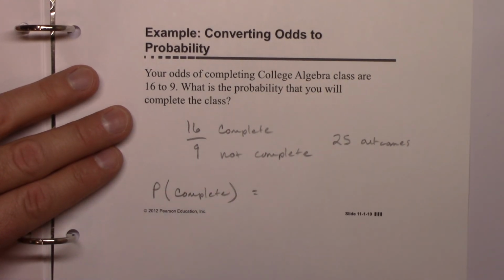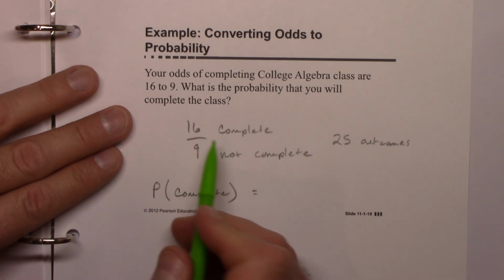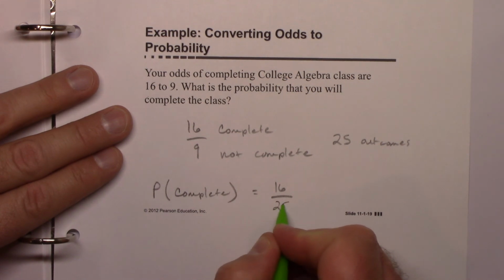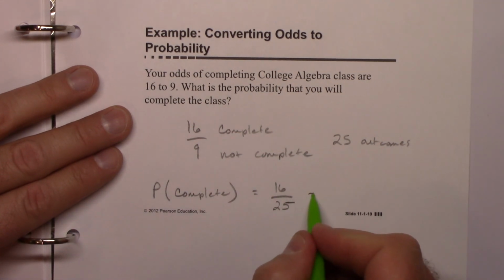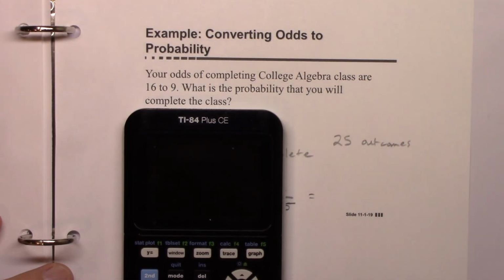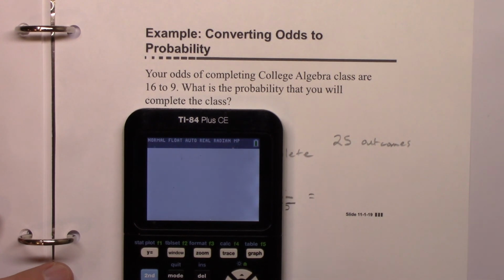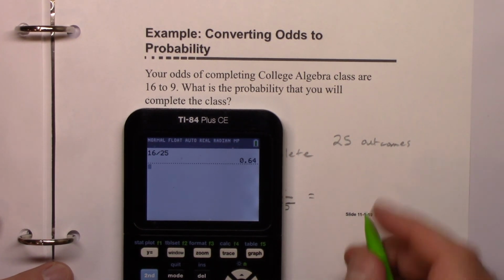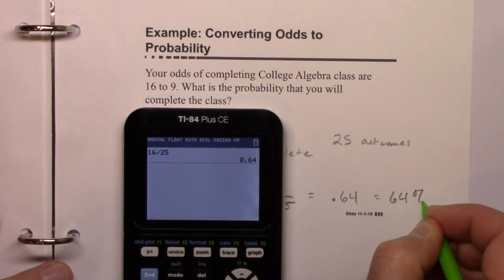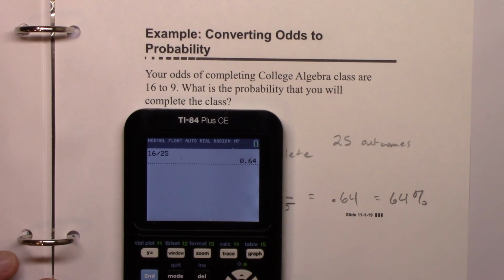Take the number of successful outcomes, there's 16 students that will complete the course, out of the total number of students in that course. 16 out of 25. Since this is a probability, it would be appropriate to write it as a decimal or even a percentage. So we'll take 16 divided by 25. That works out to 0.64, or if you prefer a percentage, 64%.